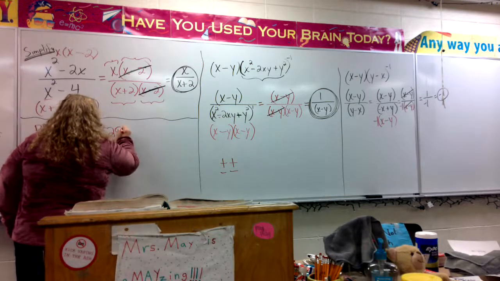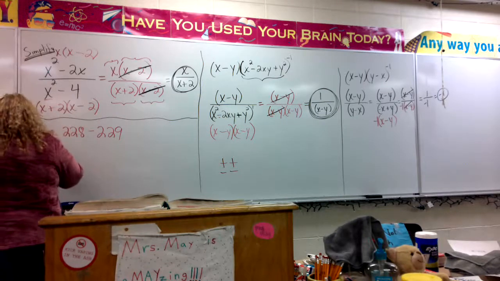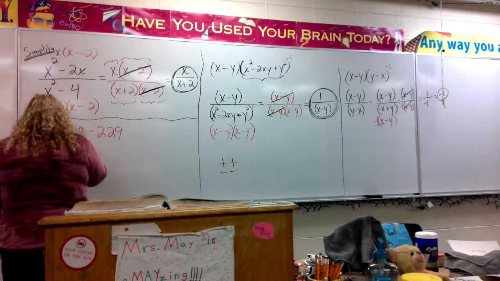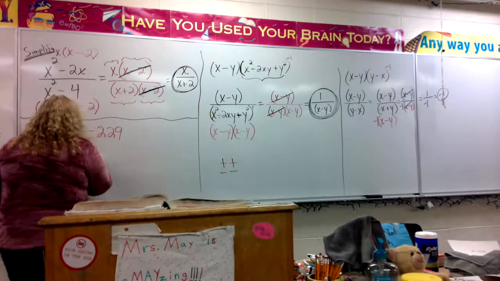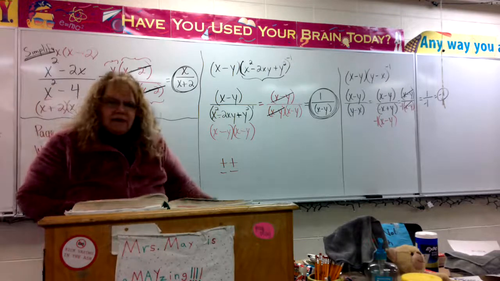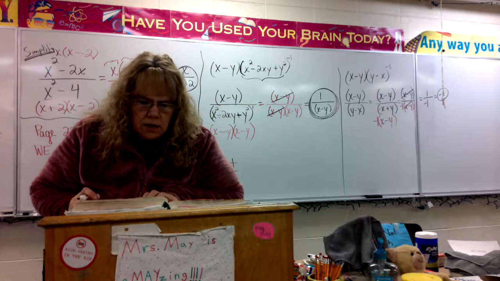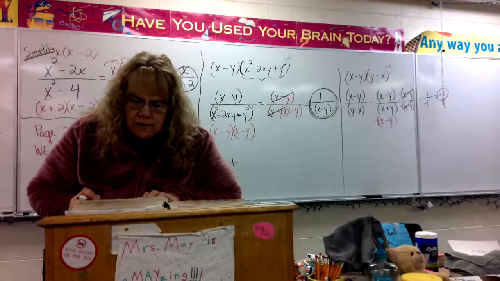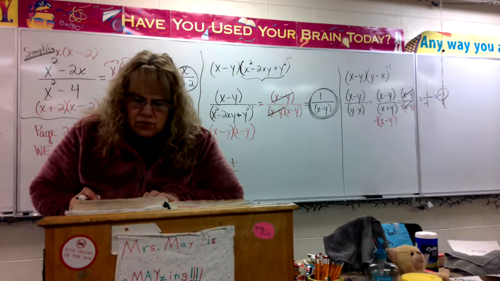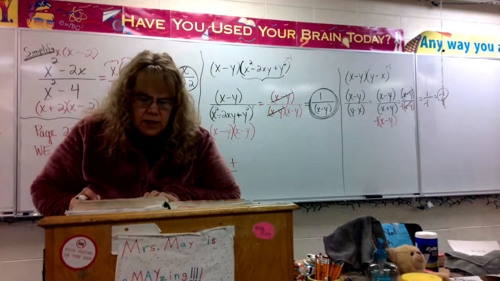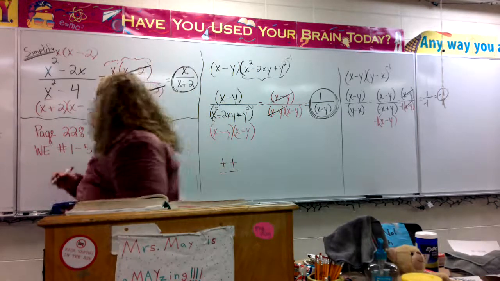228, 229. How about 1 to 5? We'll go 1 to 5 and just wait. 6 and 7. 9, 10 should be okay. 9, 10, 14.